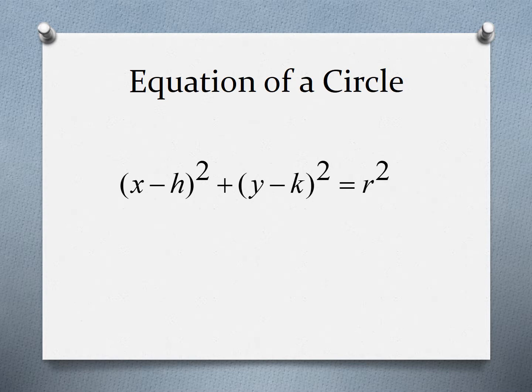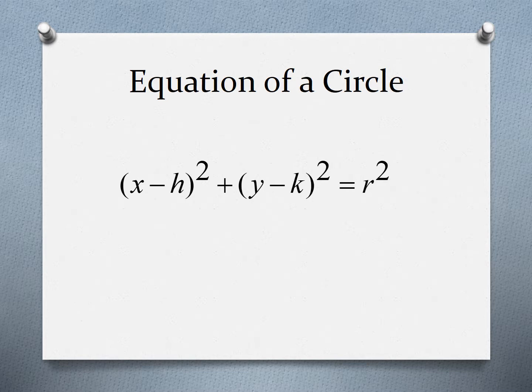And also the squared values. Also note the r on the right-hand side of the equation, which, you'll learn in just a moment, is the radius of the graph of our circle. So let's talk about those items in depth.